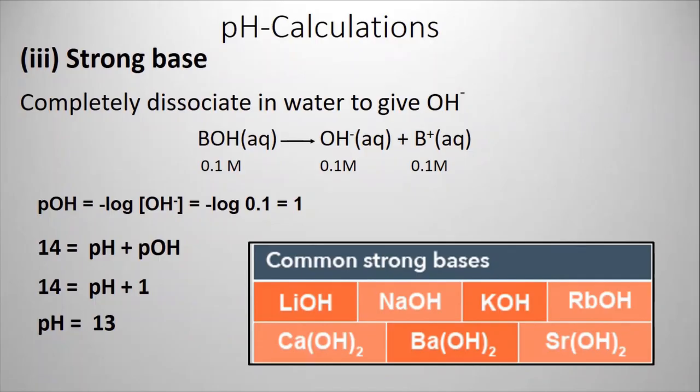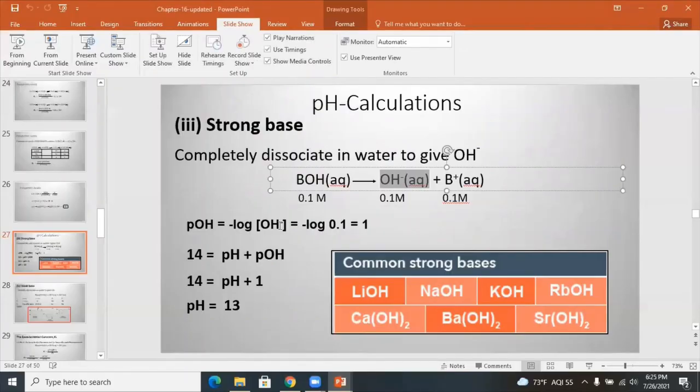Weak bases are ammonia and its derivatives. Any ammonia, any NH3, or any ammonia-containing group, that will be a weak base. So right now we have a strong base, 100% dissociation, giving you 0.1 molar. How do we use that model? Again, now we are calculating pOH.